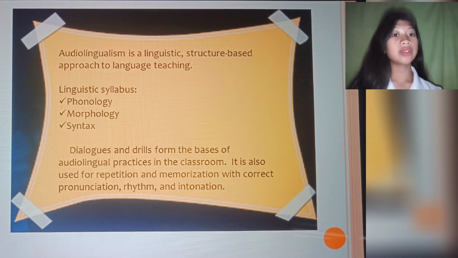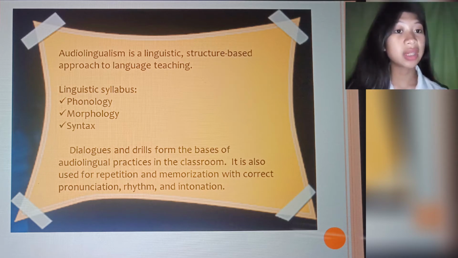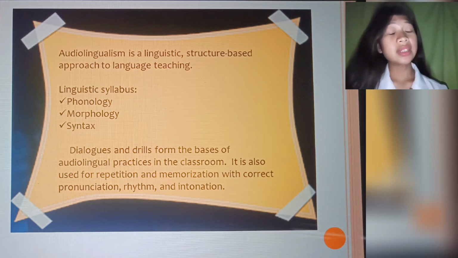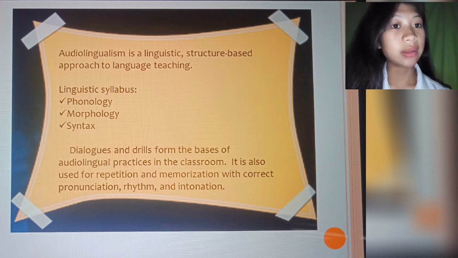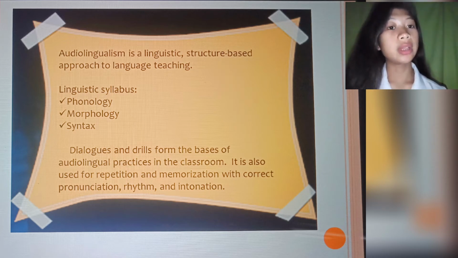There are also language skills, which are taught in order: listening, speaking, reading, and writing. Before we introduce the reading and writing process to the students, they learn it first orally.